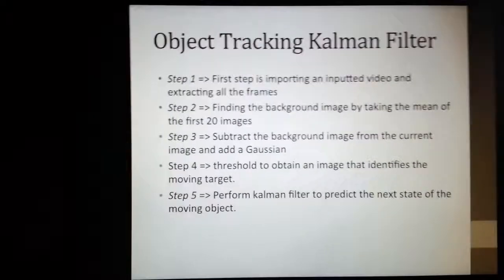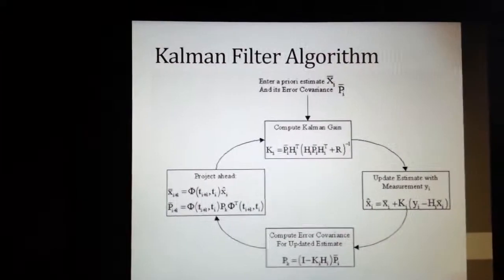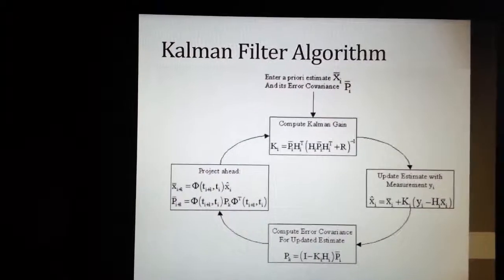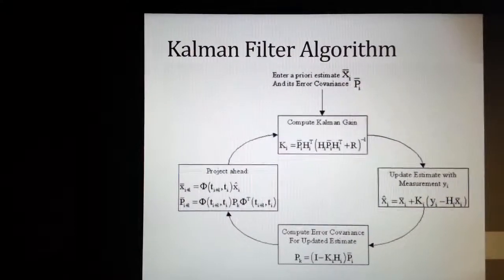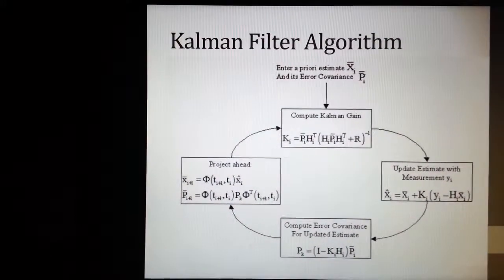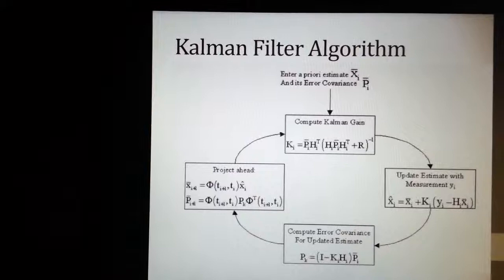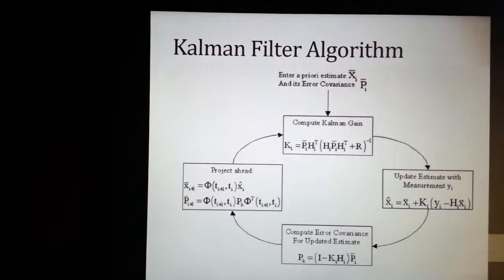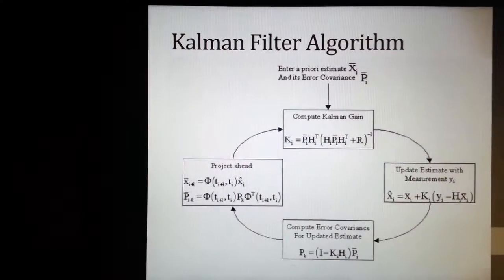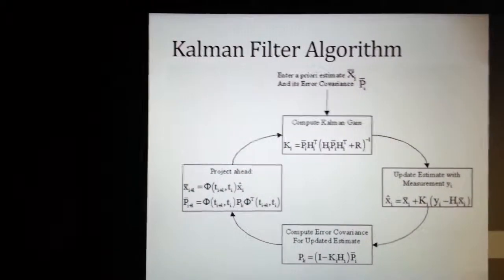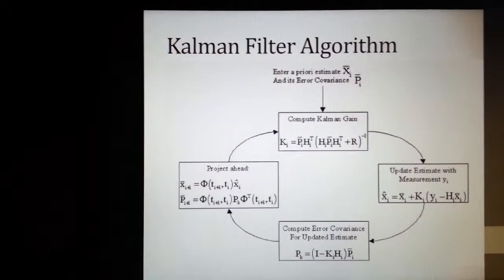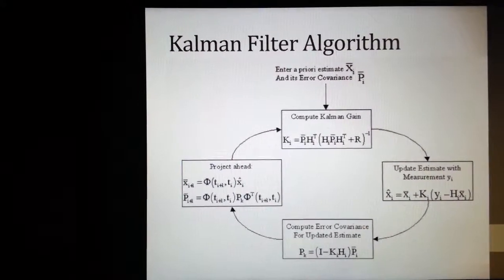So let's go on to the actual Kalman filter algorithm. The Kalman filter procedure uses recursive algorithms and state space techniques to predict a path. The equations comprise basically two sets: the time update equations that obtain the estimates for the next time step, and the measurement update equations that control the feedback.